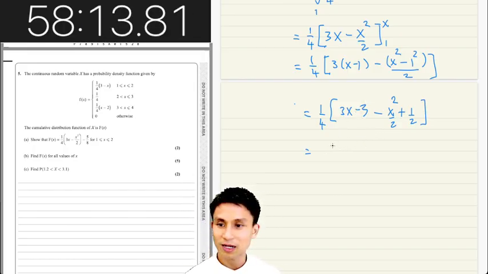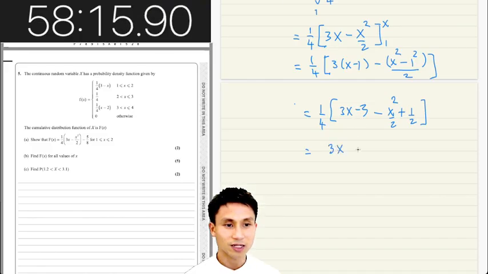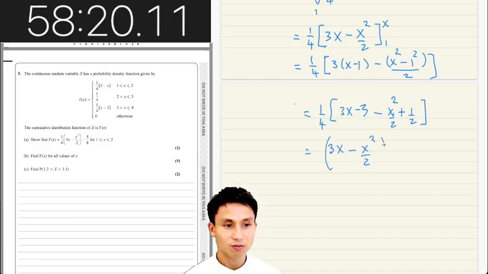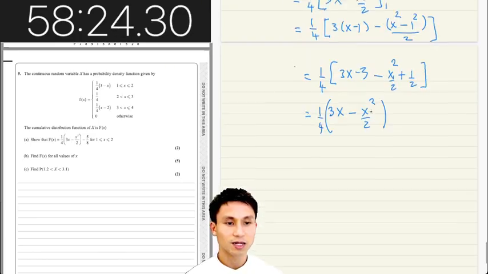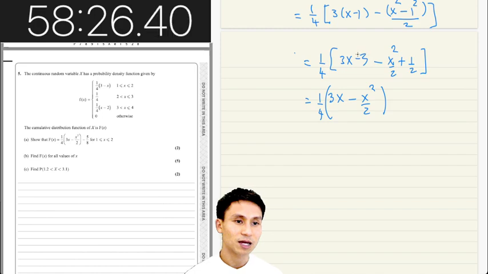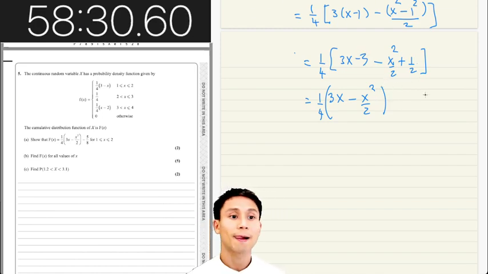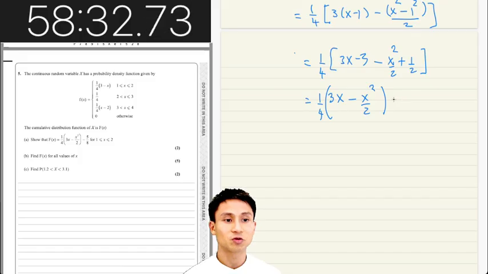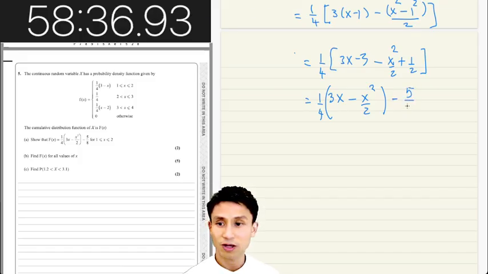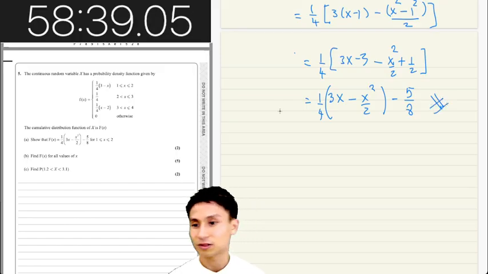So if we expand in, we keep 3x in the brackets and minus x squared over 2 in the brackets, and pushing the number out of the brackets. So the number to be pushed out of the brackets would be minus 3 plus 1 over 2, that is minus 5 over 2, right? Minus 5 over 2 multiplied by 1 over 4 would be minus 5 over 8, which is as required.